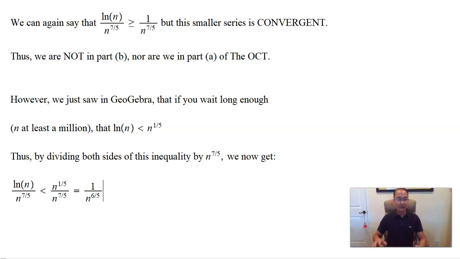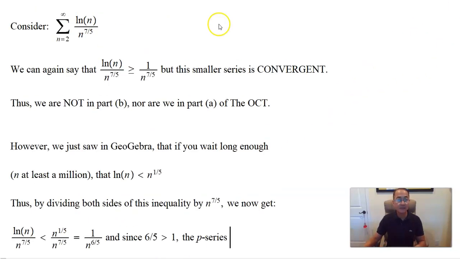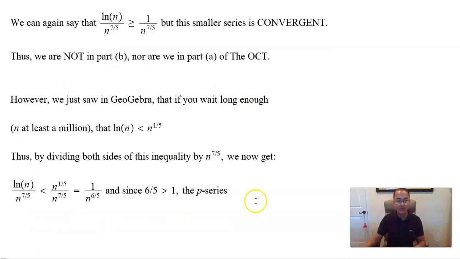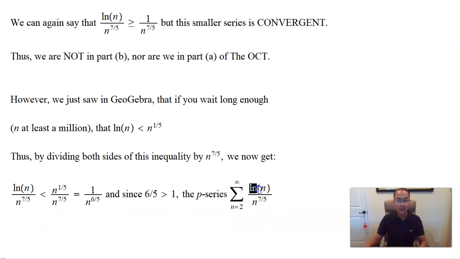And so the infinite series made of those terms will be a p-series. P is 6/5, bigger than 1, so it's going to be a convergent p-series. And since 6/5 is bigger than 1, the p-series summation, which we can start at 2, of 1 over n to the 6/5 also converges.